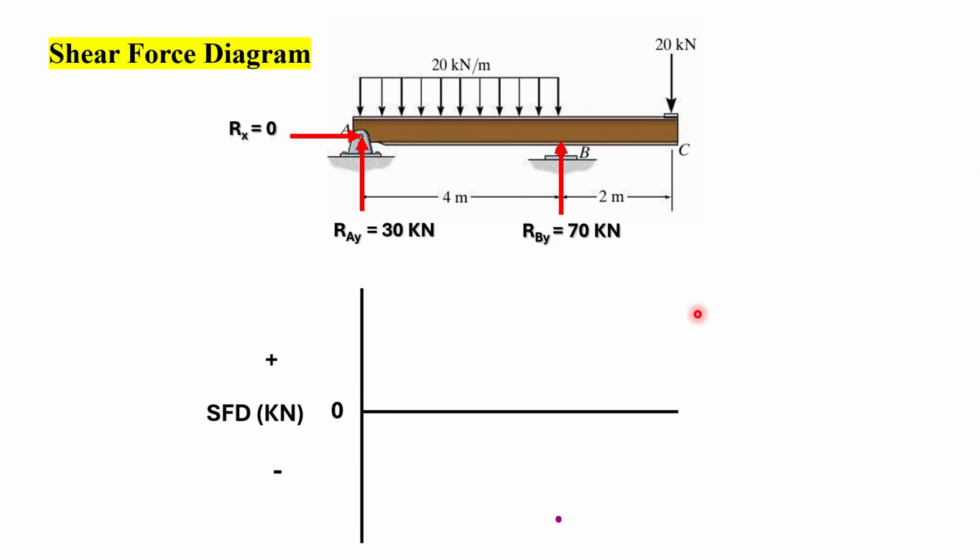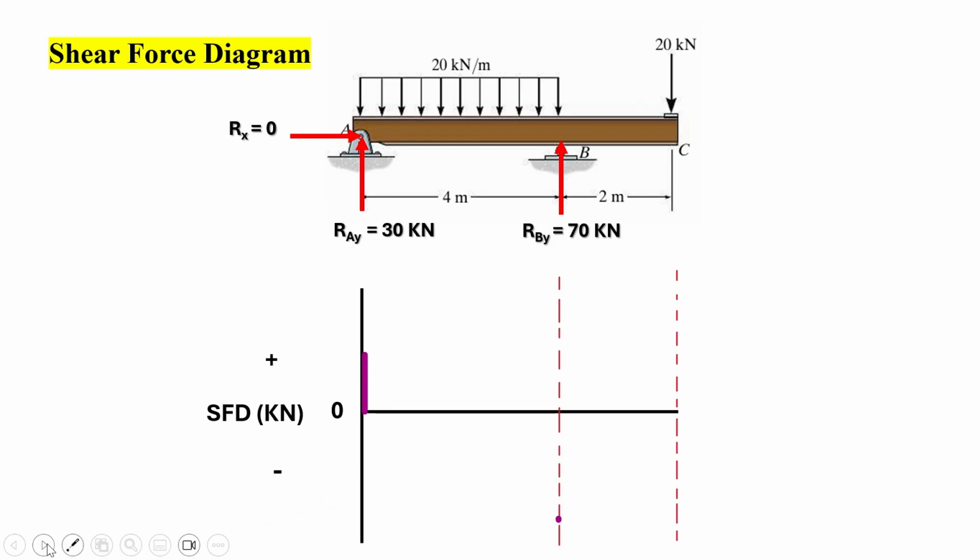So the first step is that where the forces change, draw a vertical straight line. Here only 2 points where the forces change, I am drawing this vertical line, and here this dashed vertical line, here the force changes. Now we have this 30 kilonewton which is directing upward, so I will be marking this 30 and drawing a straight line at this point.